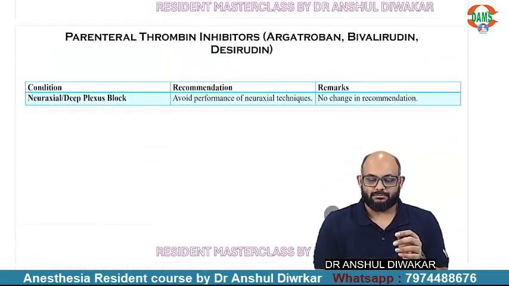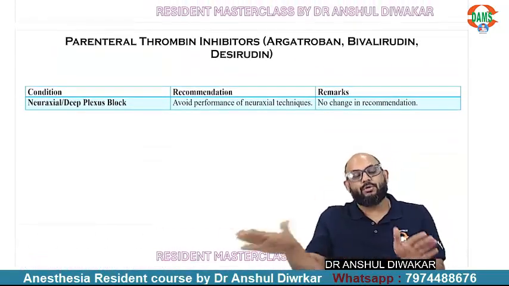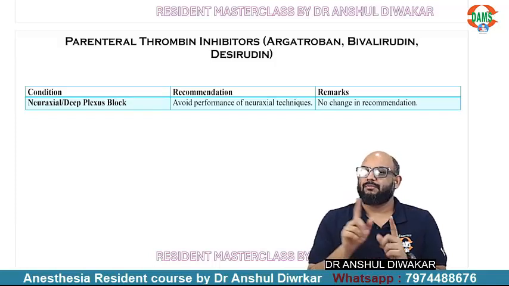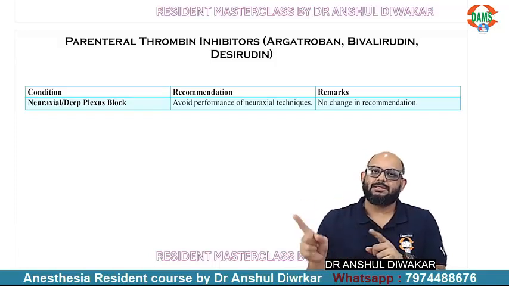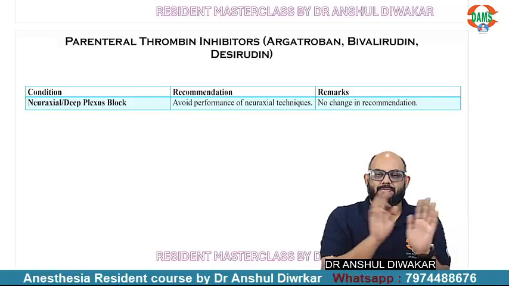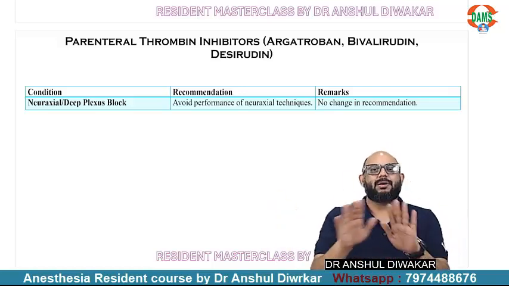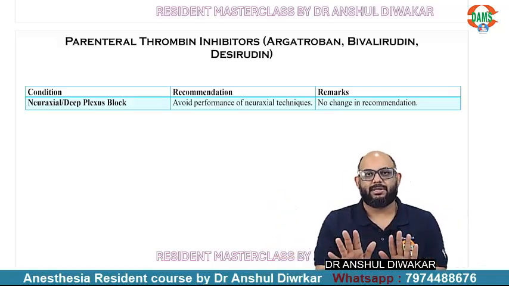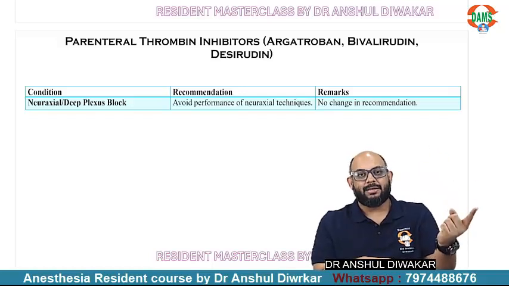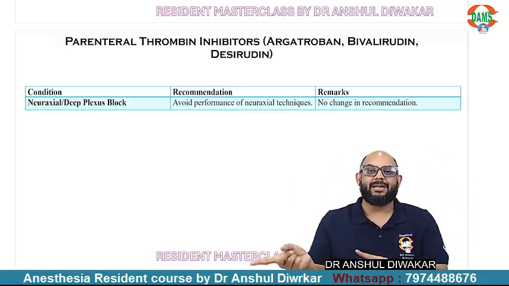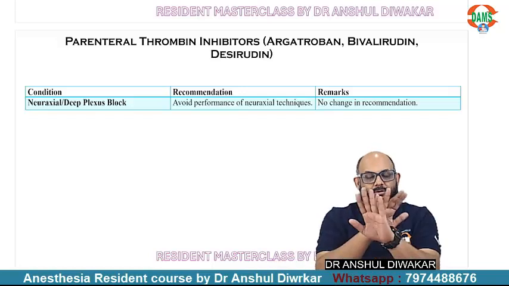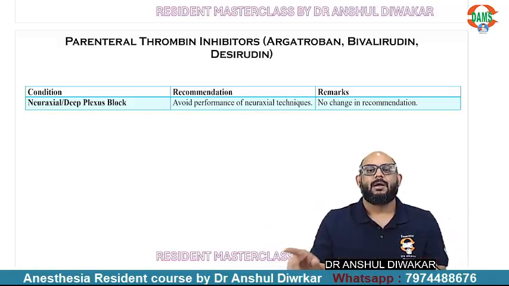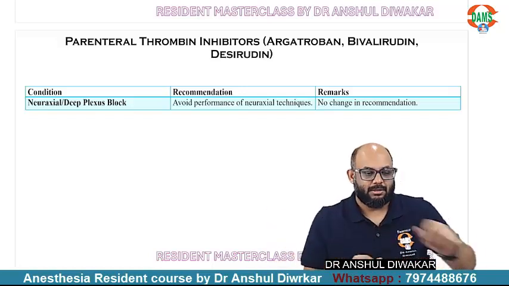Where not to give spinal or epidural? 1. Fondaparinux, severe renal impairment. Fondaparinux, severe renal impairment, don't give spinal epidural. ठीक? Unfractionated heparin with full anticoagulation, which is done in cardiac surgery, don't give.